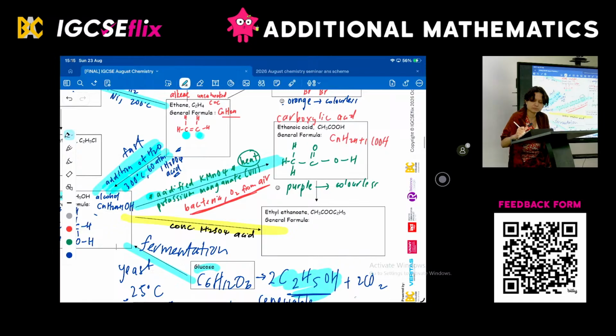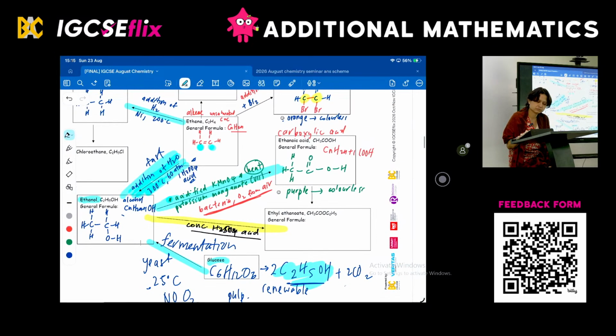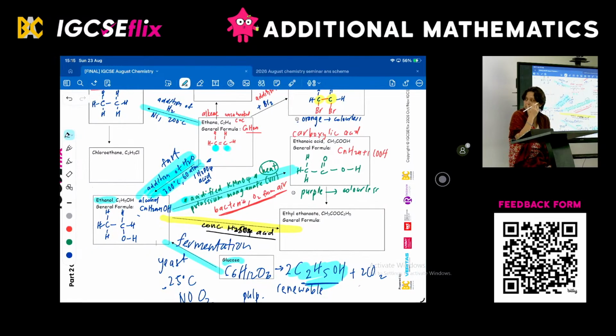Okay. I got no place to draw ester, later only we draw lah. This one, you just write concentrated sulfuric acid. Okay. So this one, I got no place to draw here.